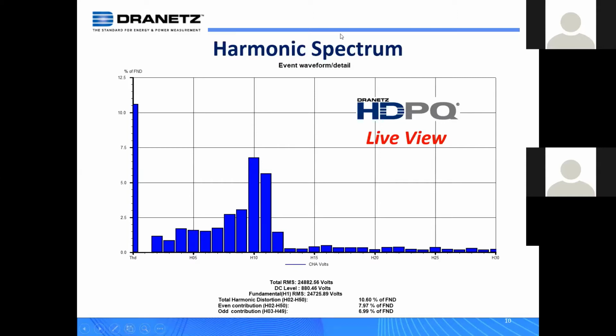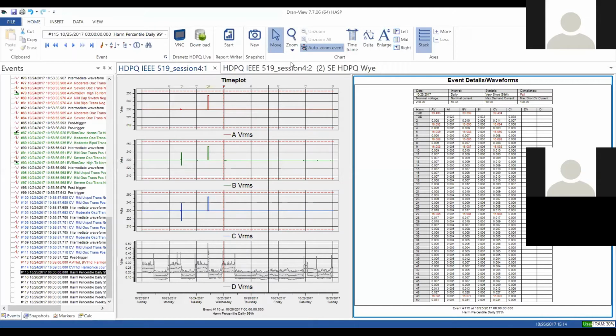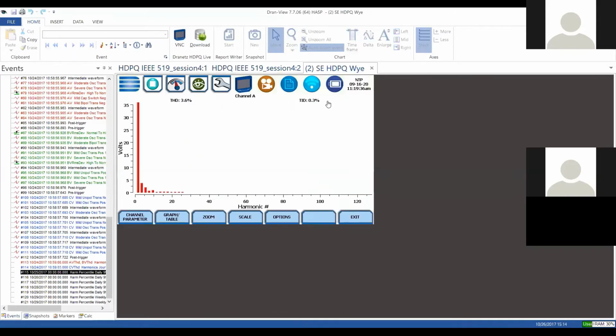So I'm going to share another screen, and I have my DranView software here that is logged into one of our HDPQs. If I can just find it here just a second, it's right over here. This is an HDPQ Plus actually, that's measuring the power at the service entrance of our building.